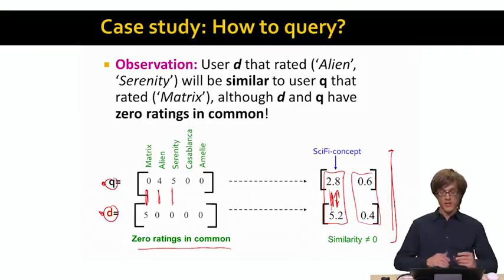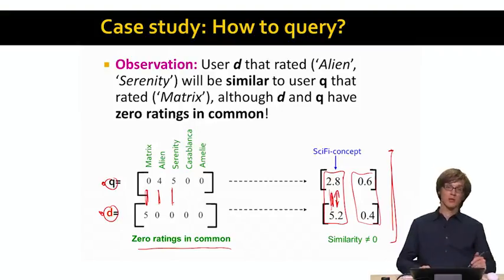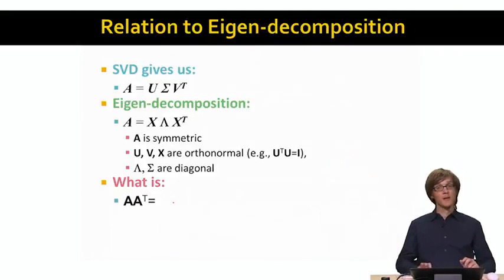Even though Q and D have 0 ratings in common, we are able to identify that they are similar, because SVD was able to identify that people who liked Alien and Serenity also liked the Matrix movie. So this is how we can make use of singular value decomposition.